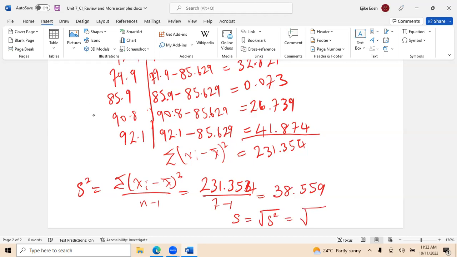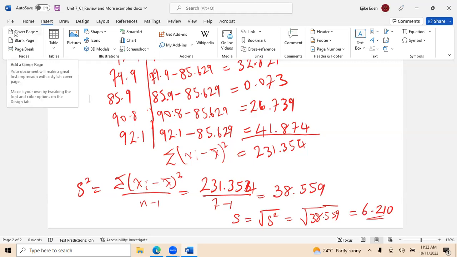So we take the square root of 38.559, which gives us 6.21, to 2 decimal places. So that is our sample standard deviation.